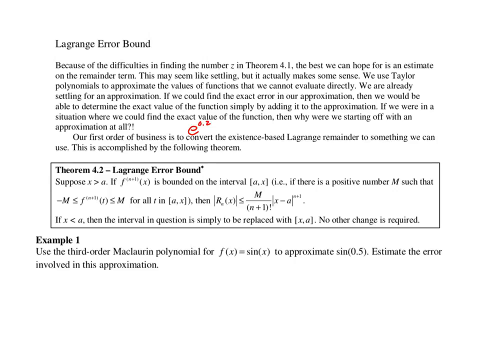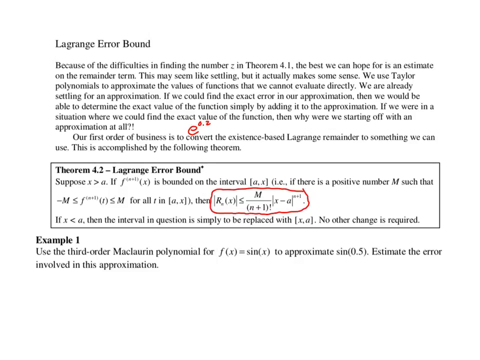I've used this for a while, and this is a really good setup for the series unit. All right, so this right here is going to be the main formula that we're going to be using for calculating the error in our problems.